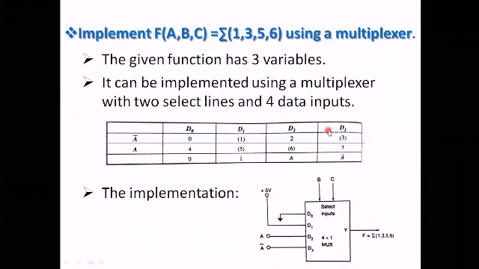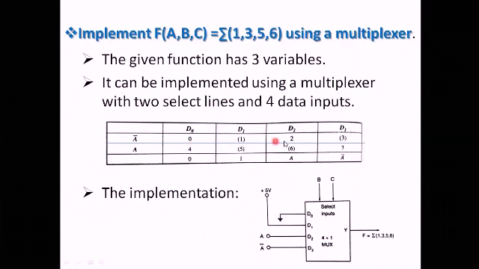So let us make a table like this. Already you know that in this type of implementation using multiplexers, we have to make a table. Now here, let us write the 4 data inputs, D0, D1, D2 and D3. And here we have written A and A bar.